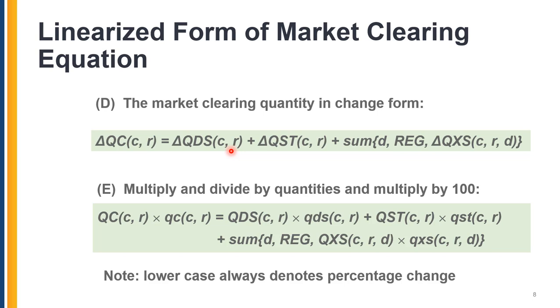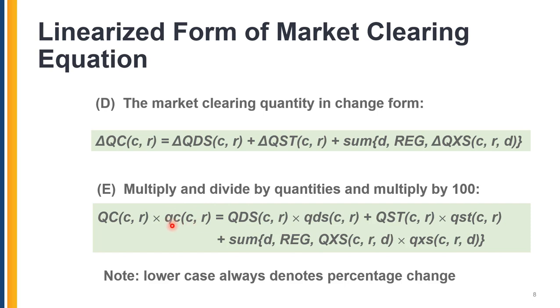What can you do after that? Well, once you've got these deltas in, then you're ready to start thinking about proportional change. If you divided here by QC, that would make it a proportional change, but the only way to introduce that is to multiply and divide, right? So we need a QC times delta QC over QC, and you get proportional change. If you multiply that by 100, the proportional change becomes the percentage change.